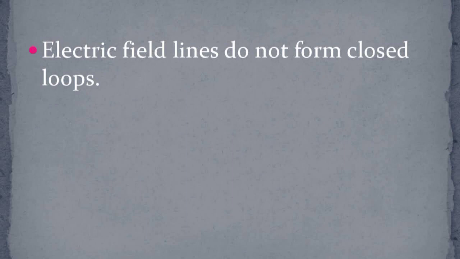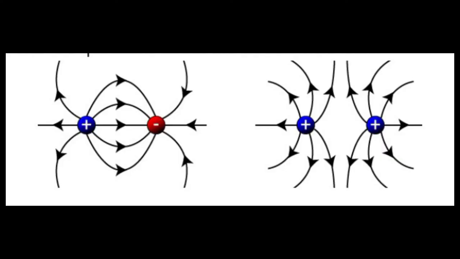Electric field lines do not form closed loops. The first figure is the electric field produced by an electric dipole, and the second figure is the electric field produced by two positive charges.